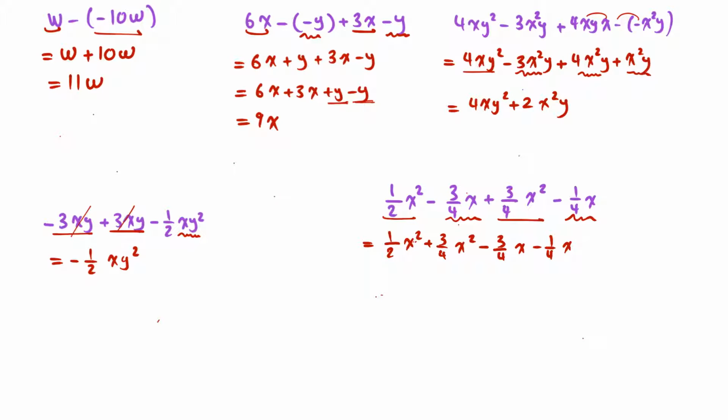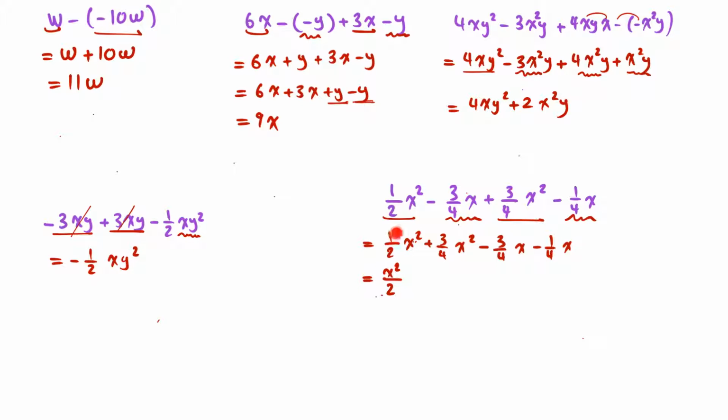Now I'm dealing with fractions. So what I want to do is get a common denominator, but first I'm going to change the way I have written things. So instead of writing 1/2 x squared, I'm going to write it as x squared over 2. These two here are equivalent because this is on the numerator, this is on the numerator, and this is on the denominator.